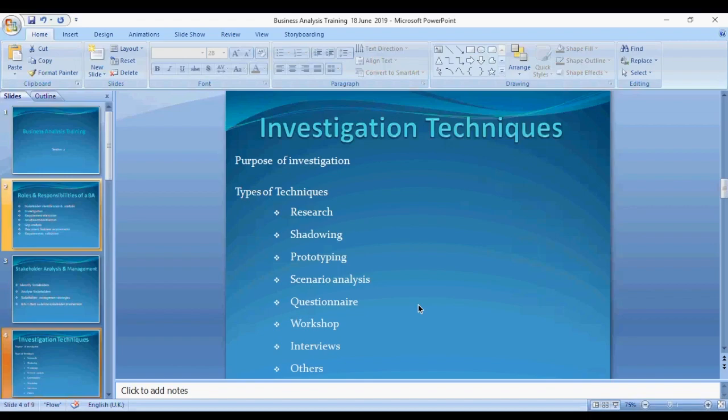This technique helps the stakeholder think. Sometimes some of the stakeholders don't even know what they want, but they may give you an idea and say, we want a system that will be able to do some automation of certain things. Then you can go away with your technical team and say, this is what they are saying they want.